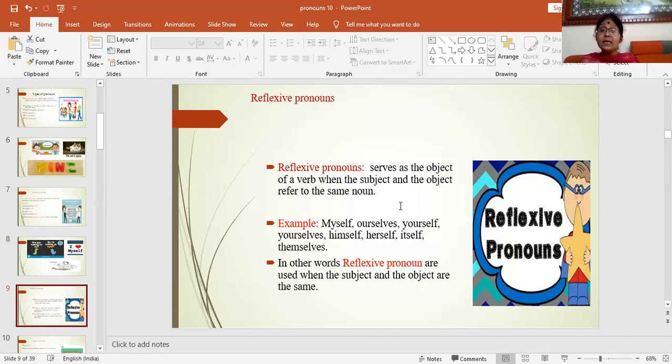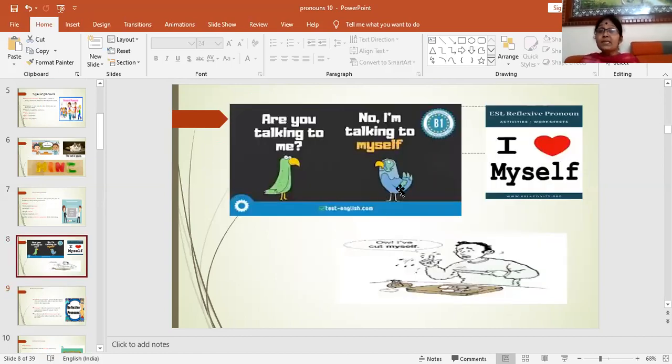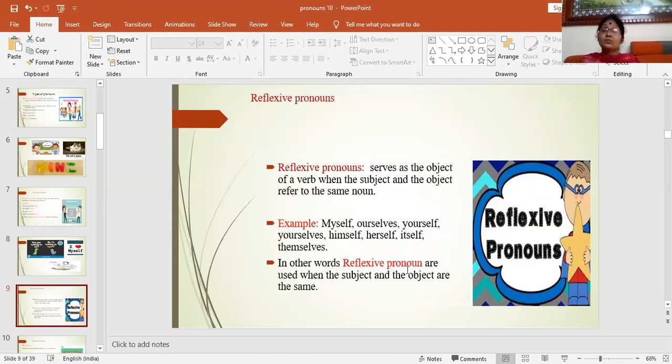In other words, reflexive pronouns are used when the subject and the object are the same, as we said in these examples. So what are reflexive pronouns? They are used when the subject and the object are the same.